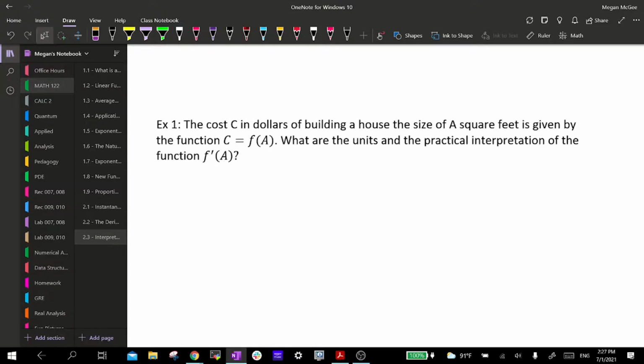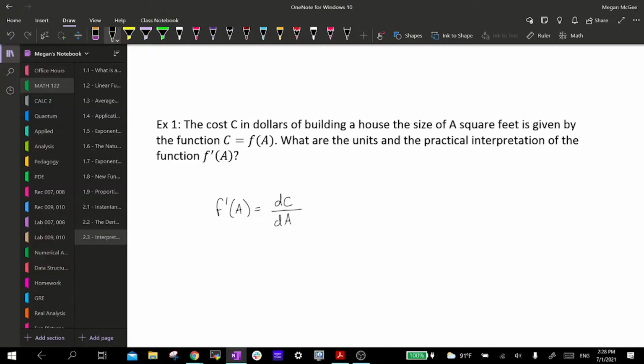Let's go ahead and rewrite our derivative in Leibniz notation. So we have f prime of a. Well, that is going to be the derivative of the cost with respect to the area.